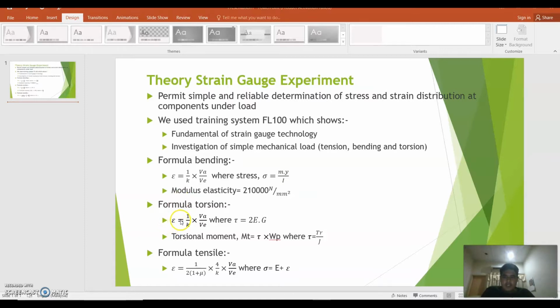Next is the formula for torsion. Epsilon is the same as the bending formula, as we can see here: epsilon equal to 1 over k times VA over VE.